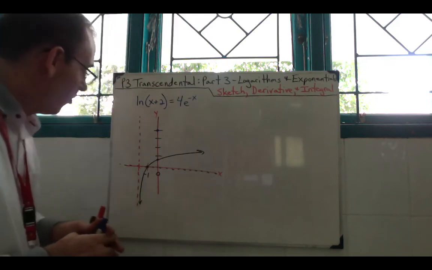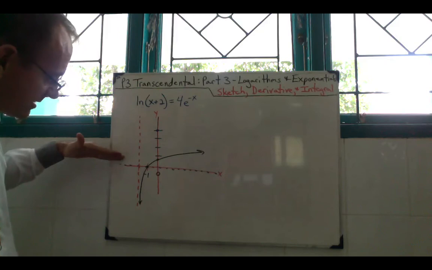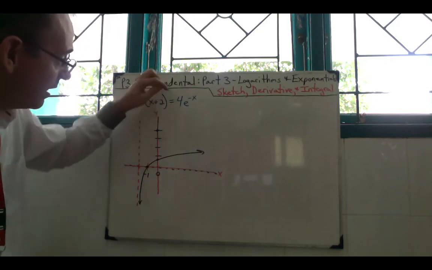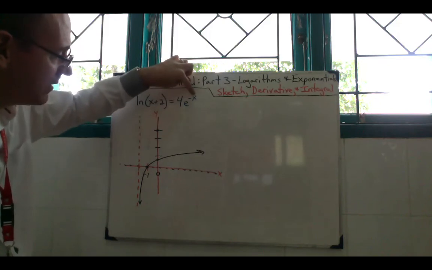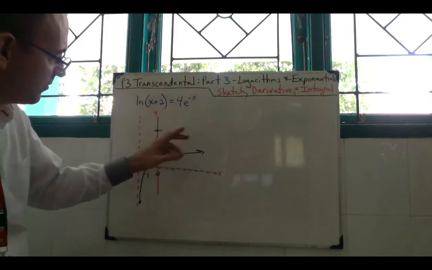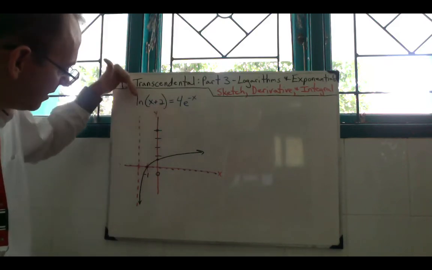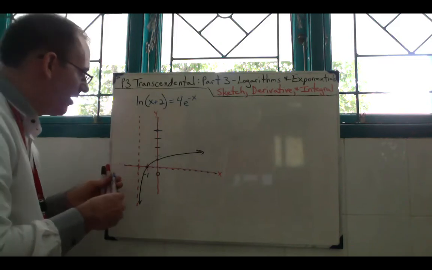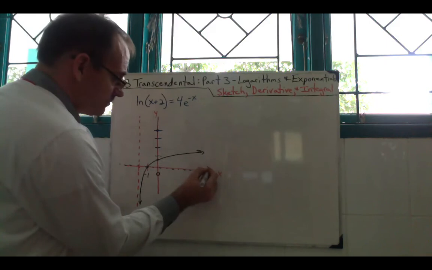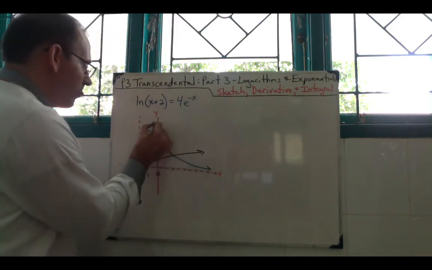Normally it would start from the x-axis, from the asymptote, and go up. But notice there's a negative on the x. The negative on the x means it's going to flip over the y-axis. So instead of going up like this, it's going to go down. It's going to start from over here, and come up this way.